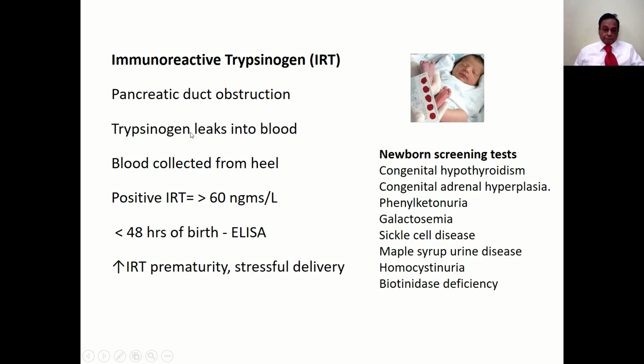The trypsinogen, one of the enzymes produced by the pancreas, gets leaked into the blood, and by using immunoclonal antibodies we detect it, and anything more than 60 nanograms is considered positive. This test can be done from 48 hours onwards, and only if the child is extremely premature, you have to be a little careful.